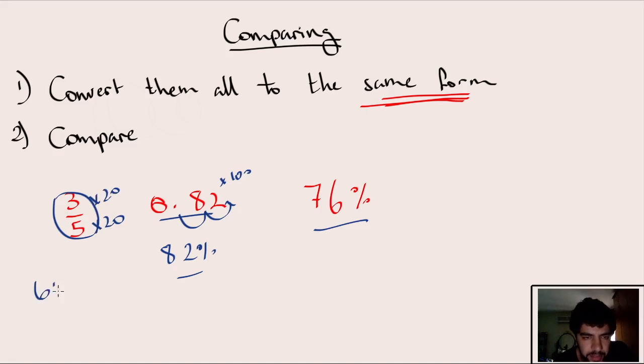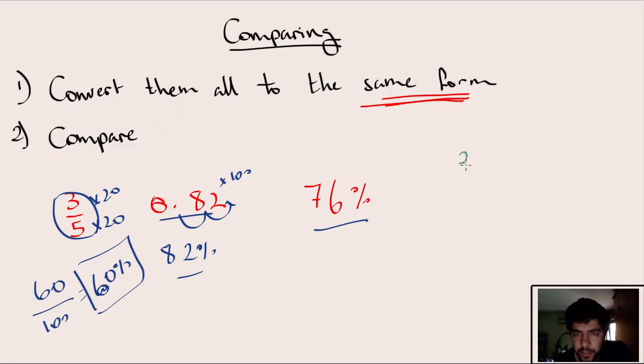So it becomes 60 over 100, which is 60%. So we can tell that this is the smallest. So if we want to put them in order, it's going to be 3 over 5, then 76%, and then the largest one is 0.82. Okay?